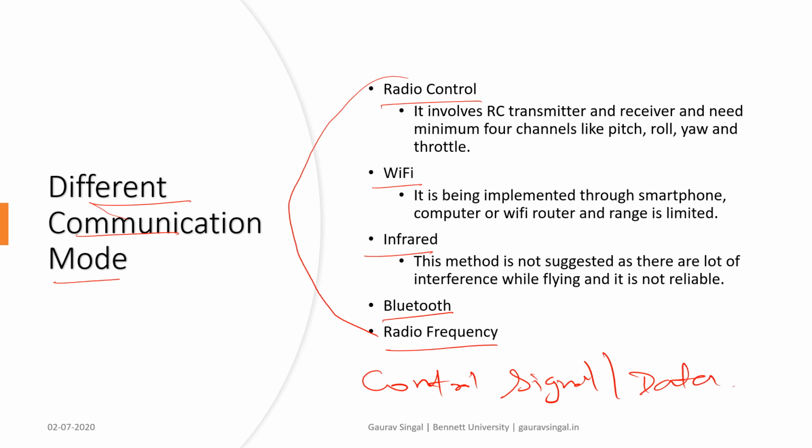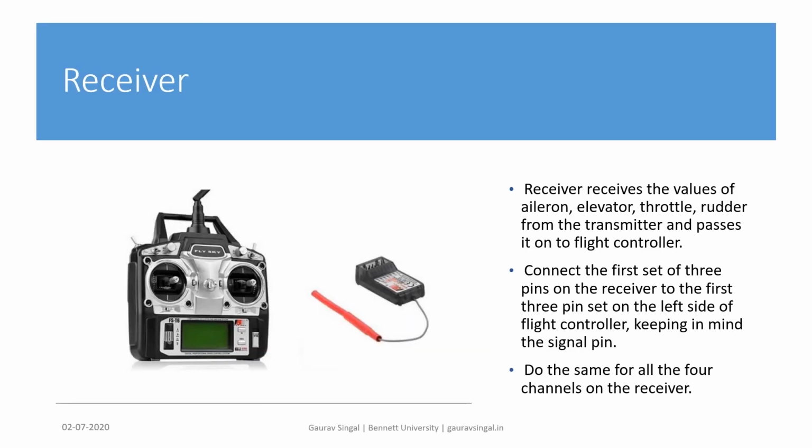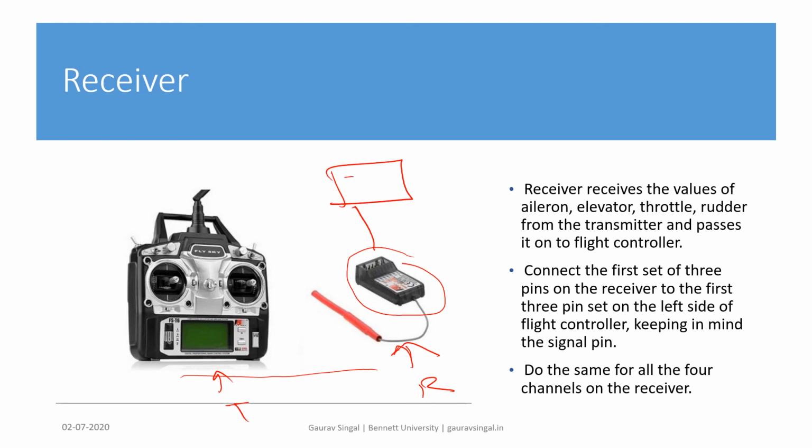Generally, we use RF to transfer the data from the remote controller to the drone. And this is an example of a transmitter and receiver. This is the transmitter which we hold in our hand, and this is the receiver, so that the signal coming from the transmitter can be received by this device. And then this device will send the signal to the flight controller.